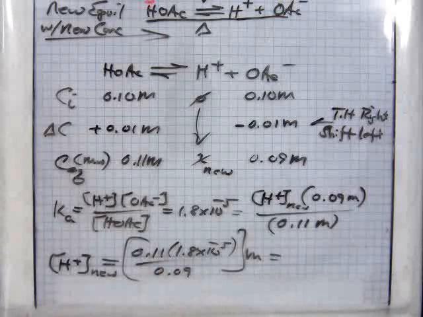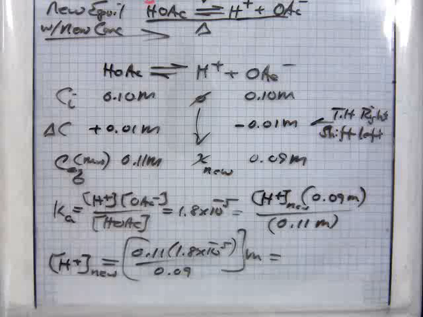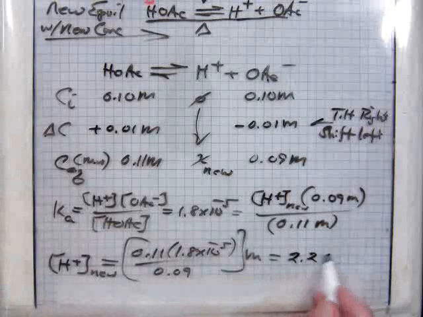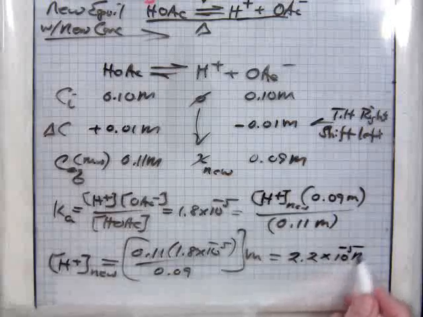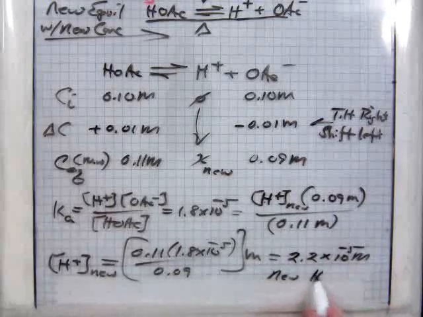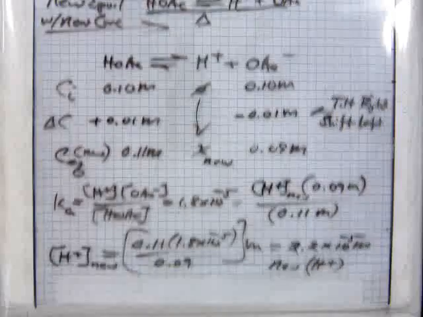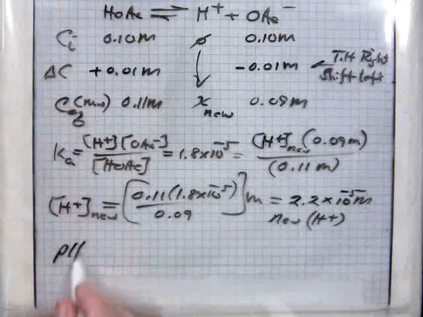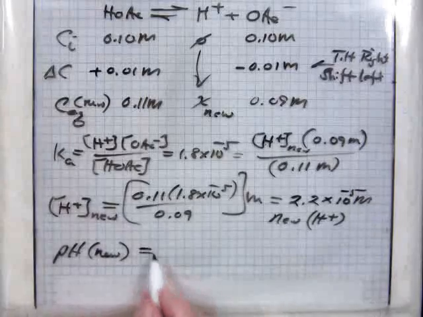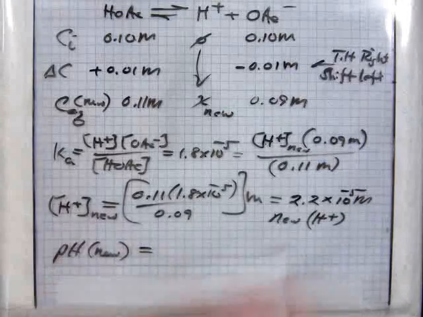So there's your new H plus once it shifts into the new equilibrium, and the new pH, after it takes out all the excess, is minus log of that.